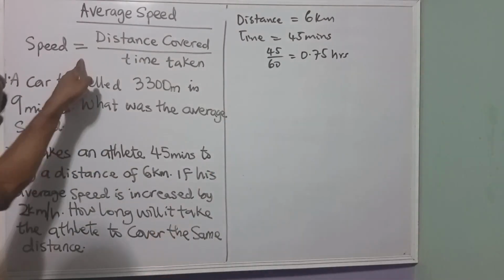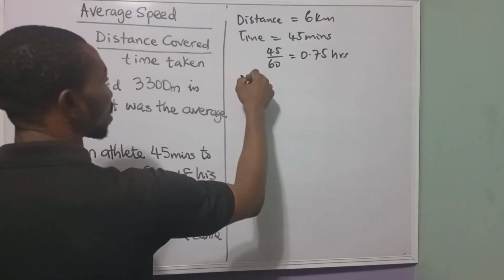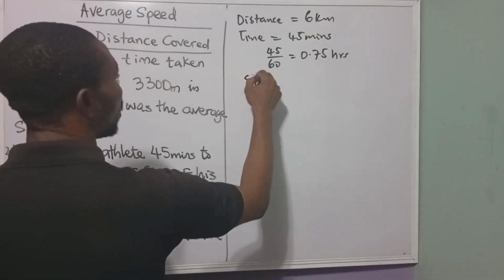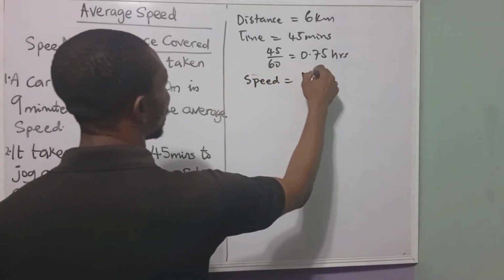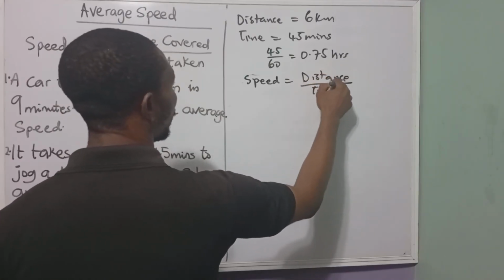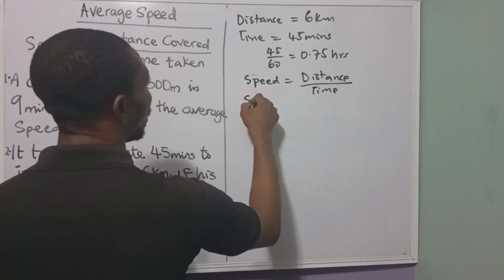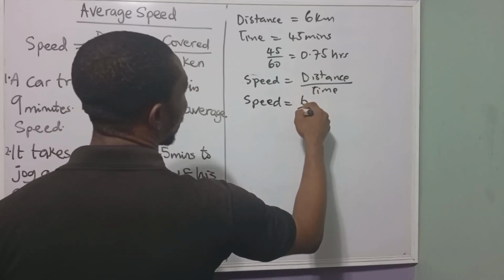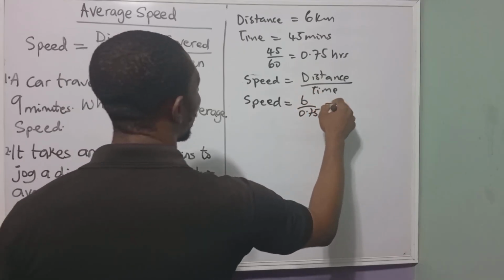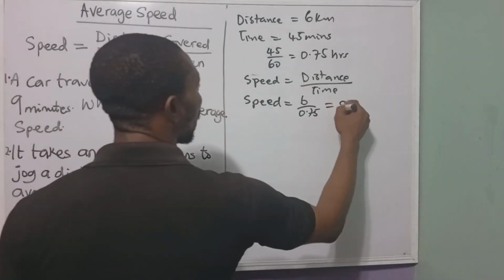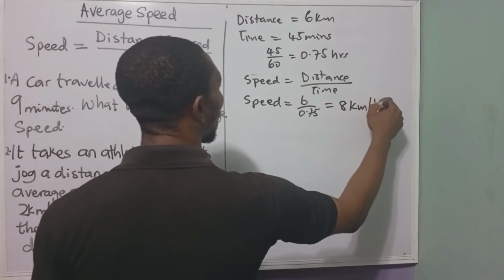So applying our formula here, speed equals distance over time. So his initial speed will be 6 over 0.75, which gives us 6 divided by 0.75, which is 8 kilometers per hour.